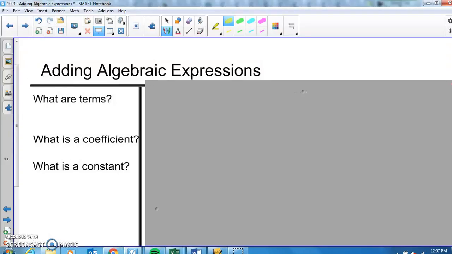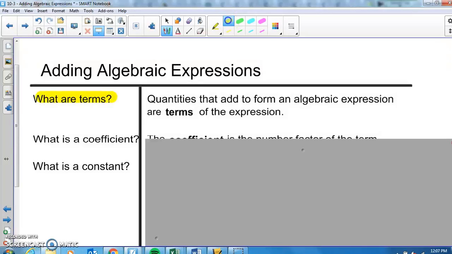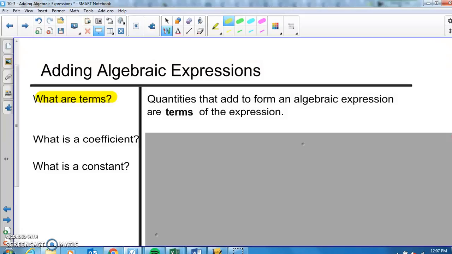All right, several things I need you to have down. What are terms? The terms are quantities that add to form an algebraic expression. They are called the terms of the expression. I don't want you to copy that part down, but the part I want you to copy down is this right here, what I'm going to type.